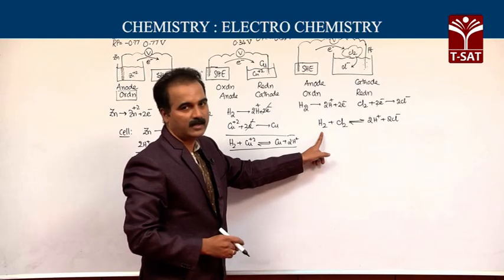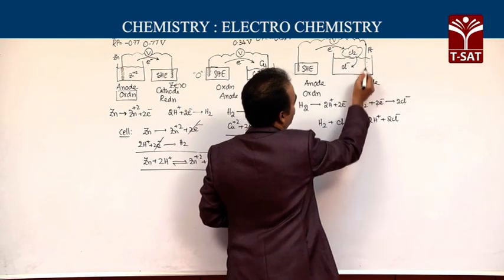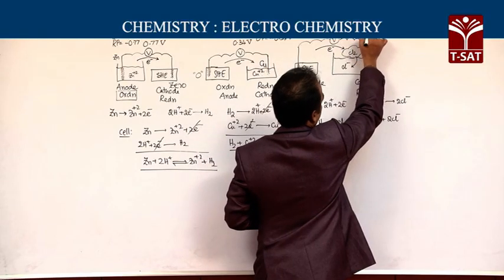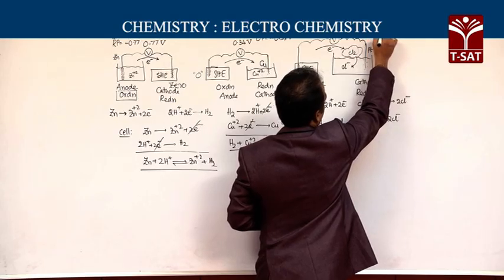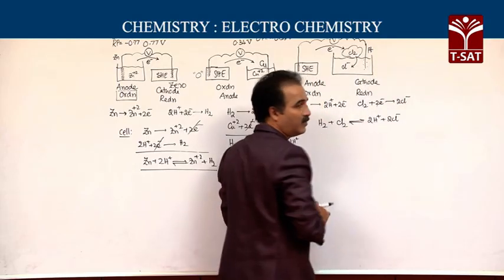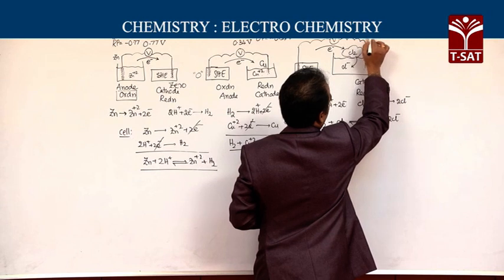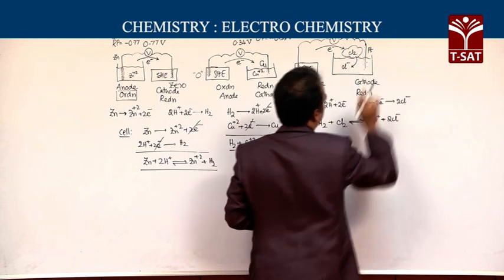This is the overall cell reaction. And here the chlorine electrode is undergoing reduction. So, the EMF of this cell is called the reduction potential of the chlorine electrode, which is nothing but plus, say for example, 0.75 volts, just like that. So, the oxidation potential will be minus 0.75 volts.